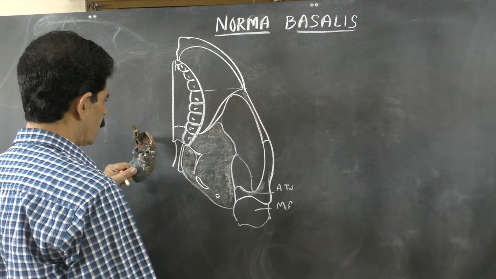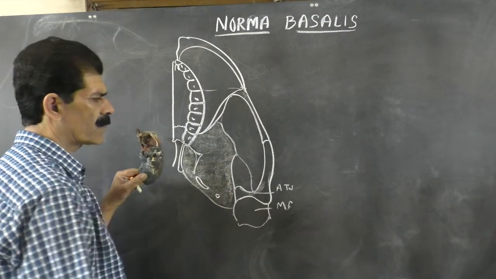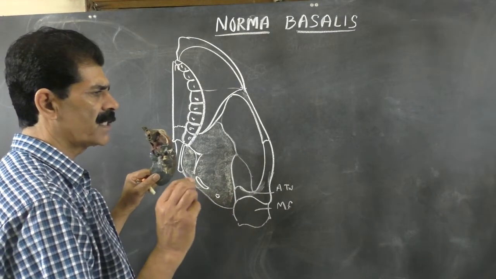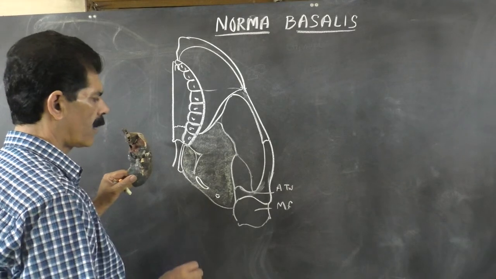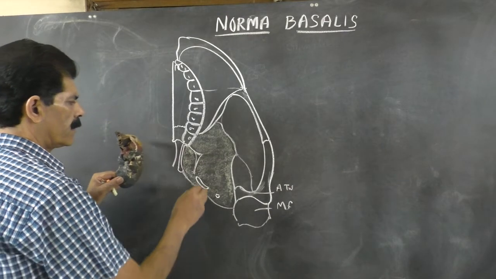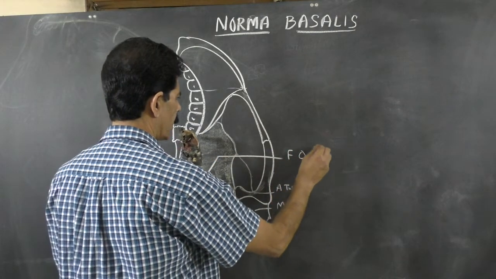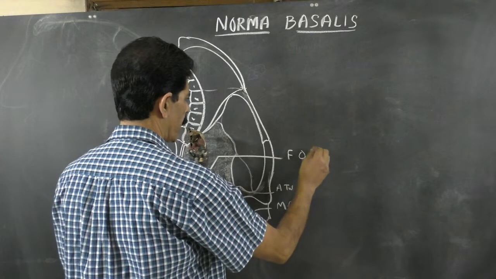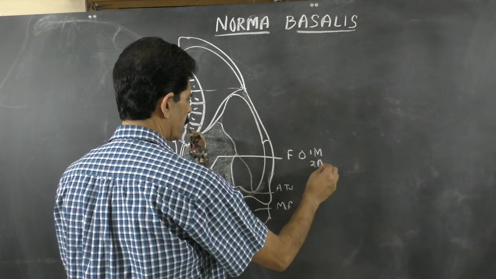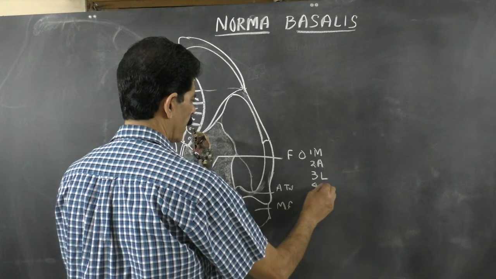Ovale is so called because of its oval shape, and spinosum is called spinosum because only the tip of a spine can enter, so it is so small. The foramen ovale contains four structures: mandibular nerve, accessory meningeal artery, lesser petrosal nerve, and emissary vein.